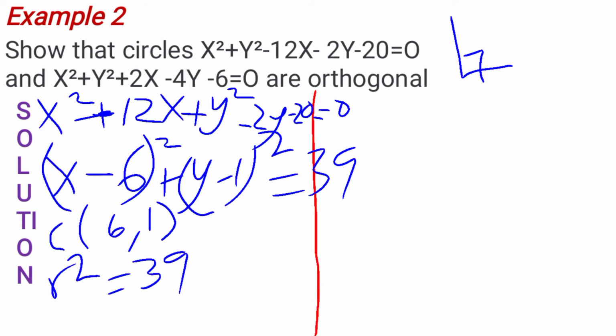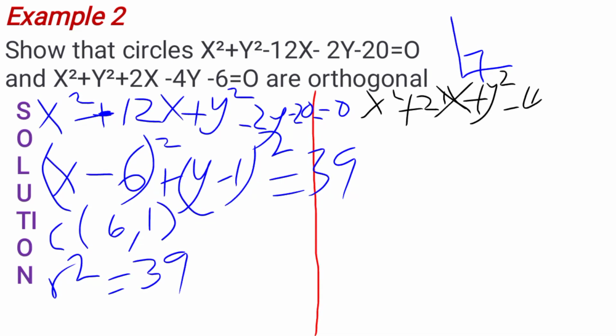Equivalently, we do the same for the next equation. We collect the like terms, x squared plus 2x plus y squared minus 4y minus 6 is equal to 0.